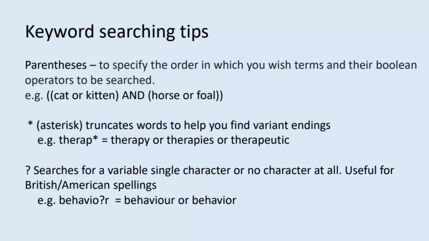So we would miss out papers by American authors if we use the UK only spelling, and vice versa. So using the question mark is a way of getting around this. Having said that, all the various syntax, question marks or asterisks, can vary from database to database. So it's important to look in the help section of the database to see what's being used in that particular database.